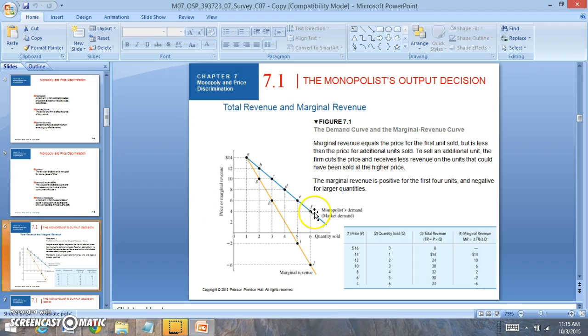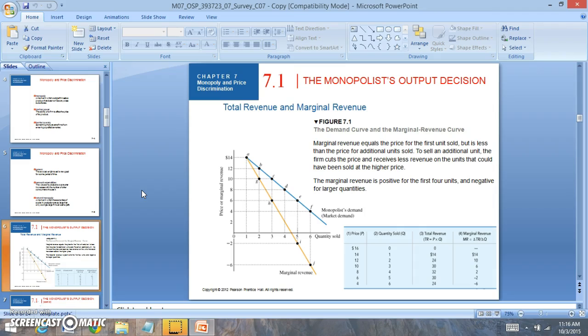When you look at a monopoly, you'll notice that the demand and marginal revenue curves are not going to be equal to each other like they were in other markets. The reason is that for a monopoly to sell an additional product, they would have to lower the price. So each time they lower the price, they're going to get less and less compared to what they received before.